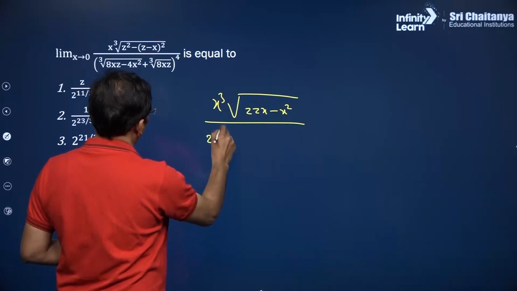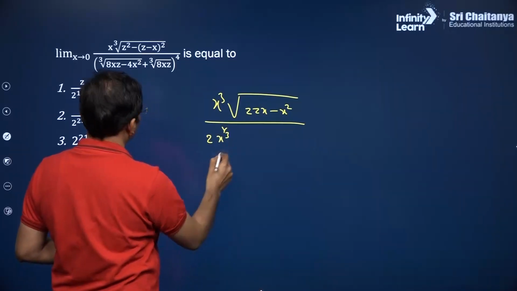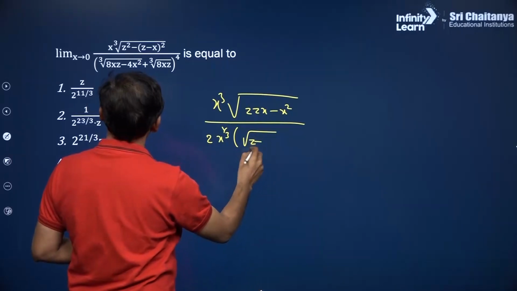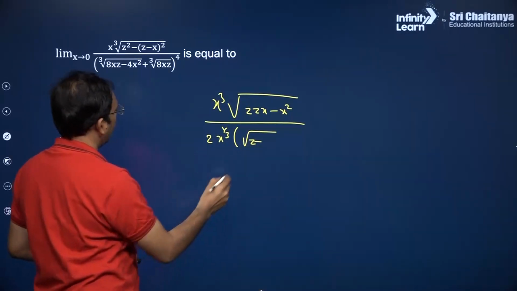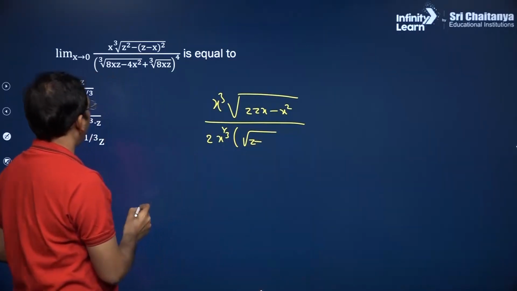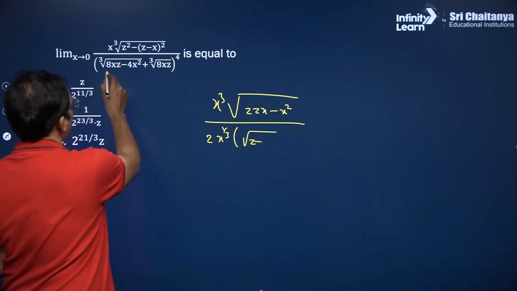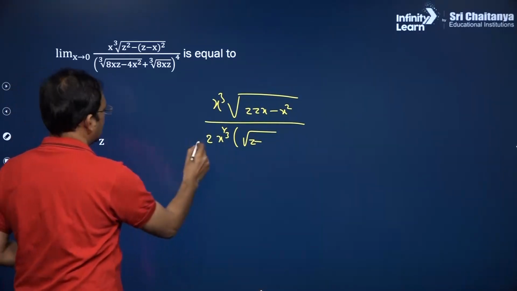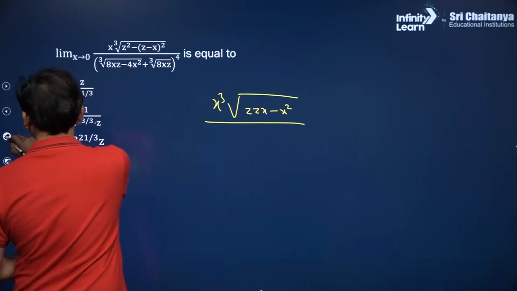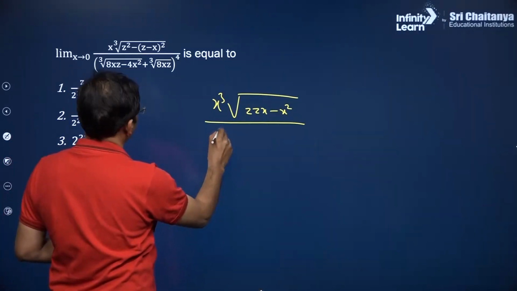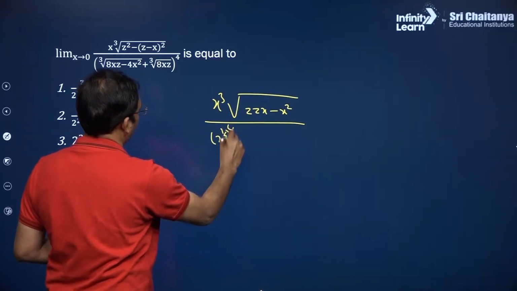So 2 into x power 1 by 3 you take out, into root of z minus, I can say, 4x square. I have taken out 8x, my dear friends, otherwise you can take x common to avoid confusion. Here also you take x common in the quotient, which becomes x power 1 by 3 whole power 1 by 4.